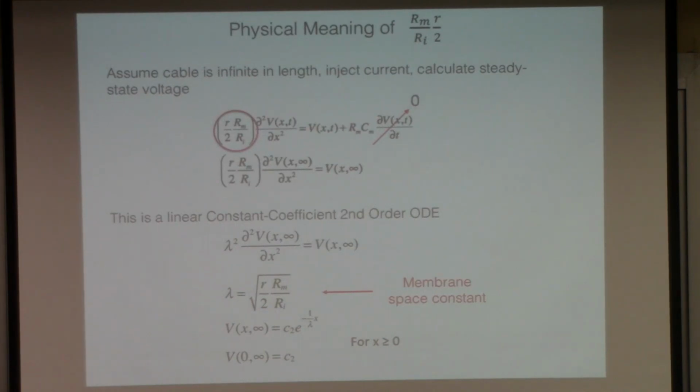It's how far away we are from the site of current injection where voltage has decayed by roughly 2/3, right? That's the space constant. And the space constant is given by this term here. If you go through this derivation, you'll see that the space constant is equal to the specific membrane resistance divided by the specific axial resistance defined on Wednesday. Little r is the radius of the cable here in centimeters.